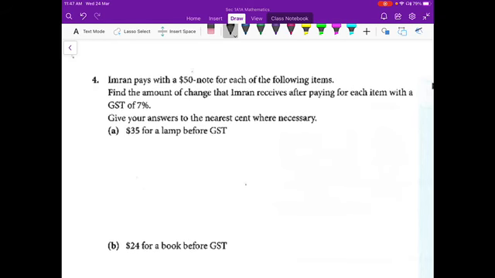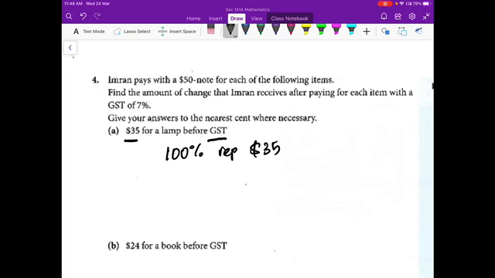So, he pays $35 for a lamp before GST. Before GST, $35. So how much is he supposed to pay? So our 100% represents $35. This 100% is before GST.